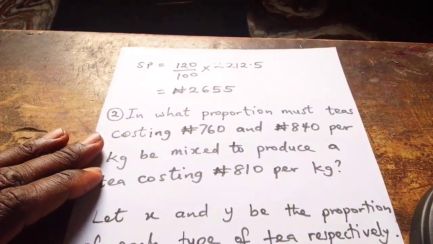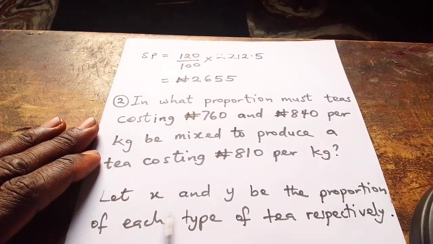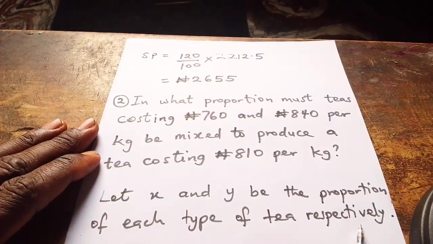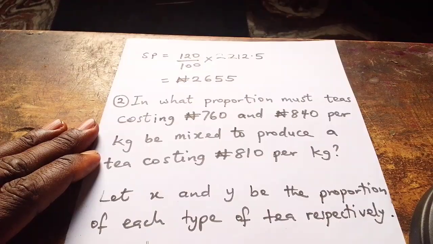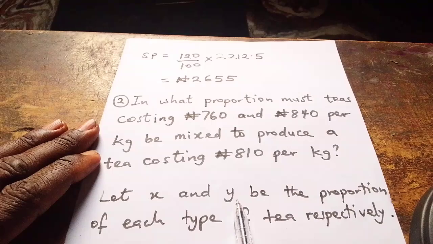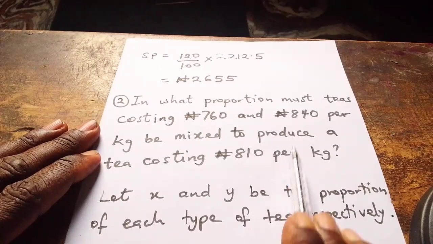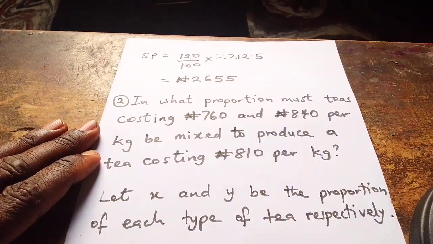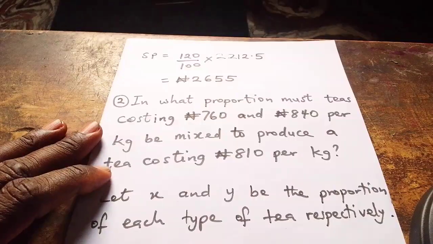So in what proportion will he now mix this 760 naira and 840 naira? So now let X and Y be the proportion of each type of tea respectively. You are going to let X be the proportion you are going to mix of 760, and Y be the proportion you are going to mix of 840. So now this is what you are going to do.